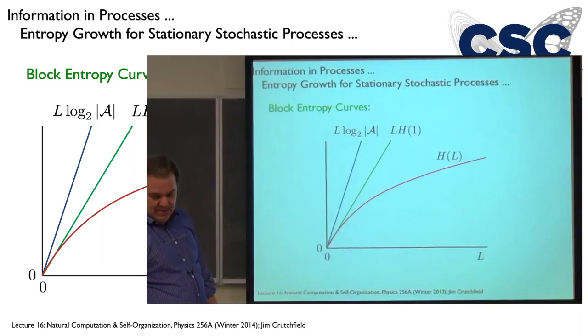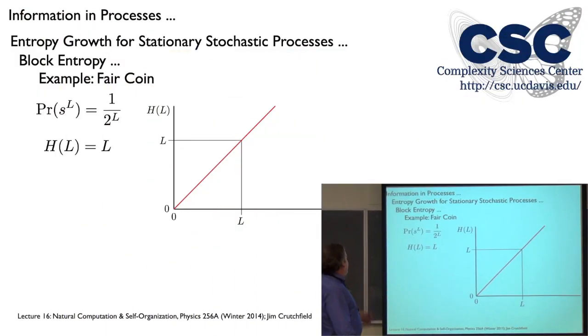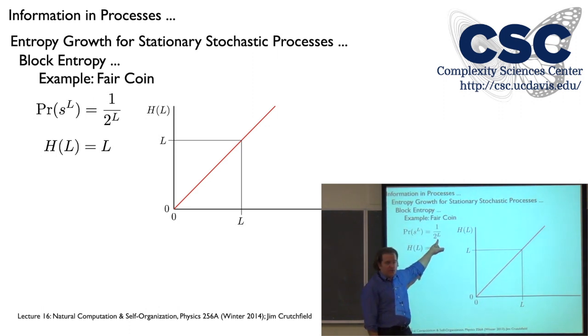A couple of examples, I basically just mentioned them. So, the fair coin: we know exactly what the word distribution is. So hopefully at this point, you can take this distribution in your head and plug it into P log P. One way to think about the fair coin is that all the symbols are independent and equally likely.